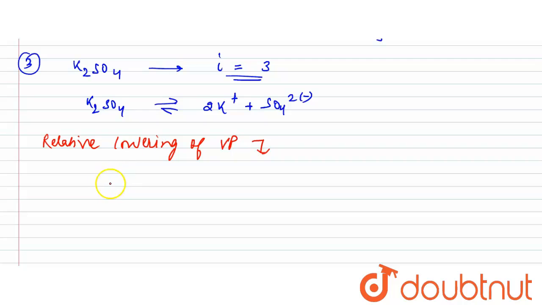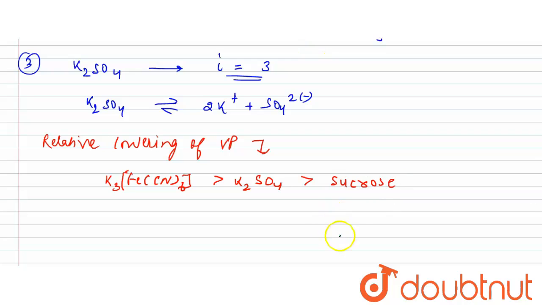So from here you can say that K3[Fe(CN)6] is going to have the maximum lowering of vapor pressure, right? After this, K2SO4 will have the next lowering of vapor pressure, and finally sucrose has the least lowering of vapor pressure.